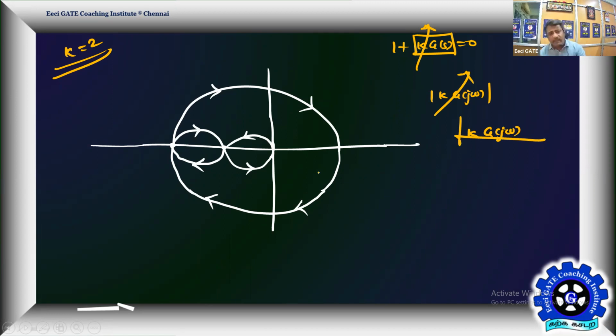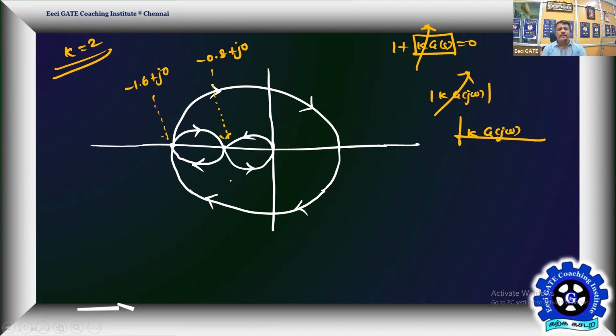So the phase angle of your Nyquist plot will remain the same, but only the magnitude gets altered when K increases. When K is 2, all the important points mentioned will get doubled. So this point is going to become -1.6 plus j0, and this point is going to become -0.8 plus j0.